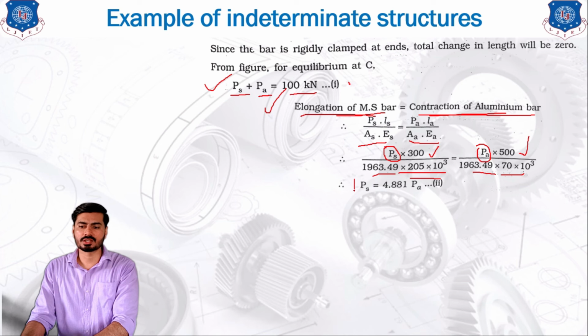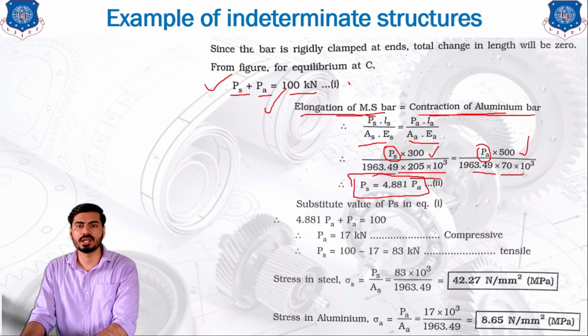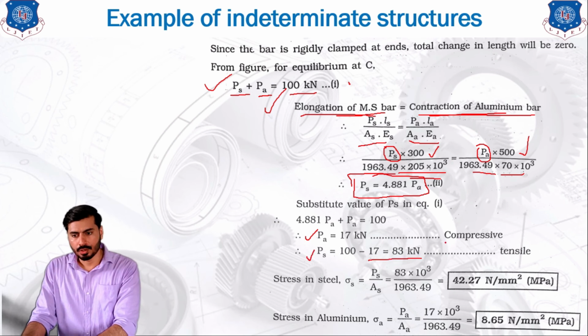So from this equation you will get the relation between PS and PA. Now we have two different equations, equation number 1 and equation number 2. Put the value of equation number 2 into equation number 1 and you will get the answer for PA. From the answer of PA, you will get the answer of PS also.